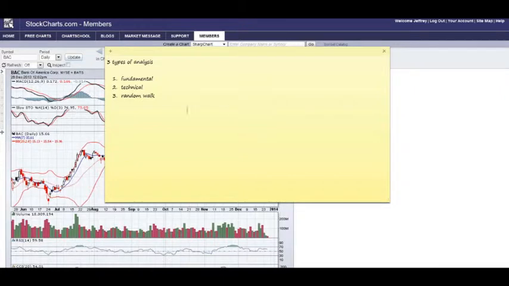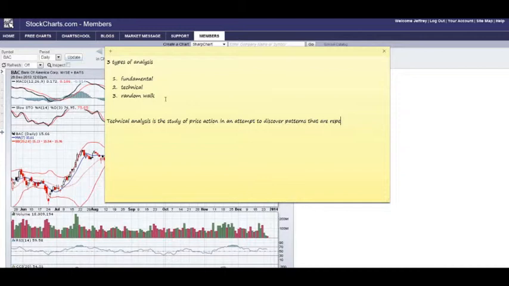Okay, so let's break down technical analysis a little bit more here, and if we're going to use technical analysis, okay, we have to understand first what technical analysis is. And basically, technical analysis is the study of price action in an attempt to discover patterns that are repeatable, okay, or repeatable patterns.